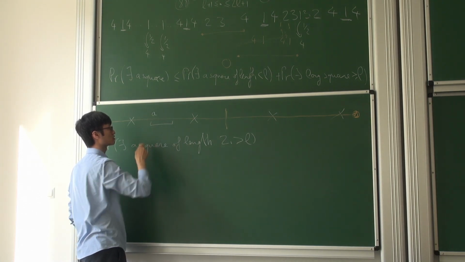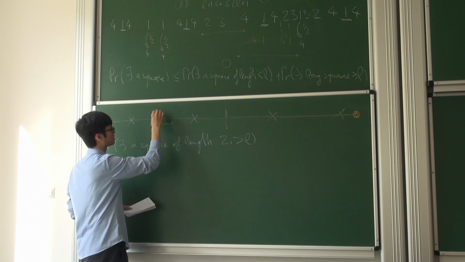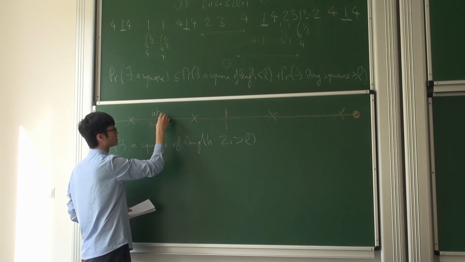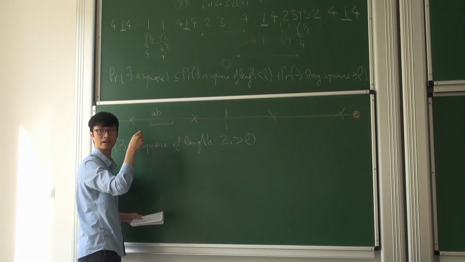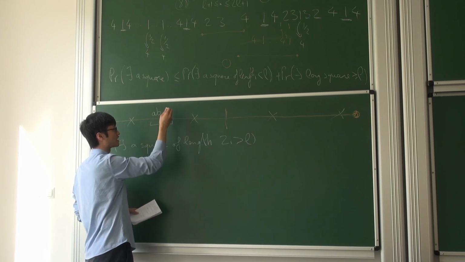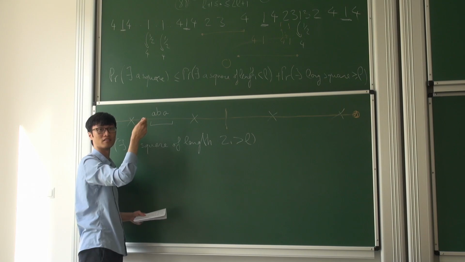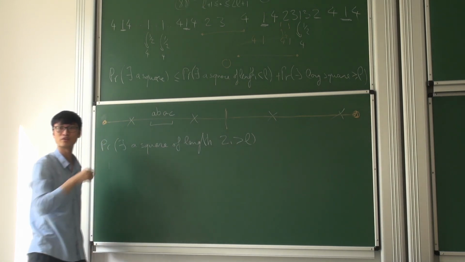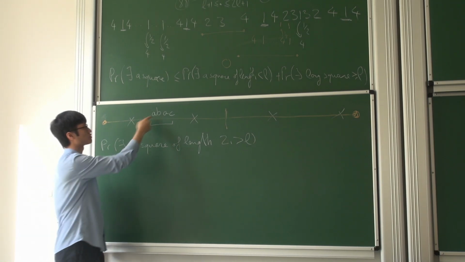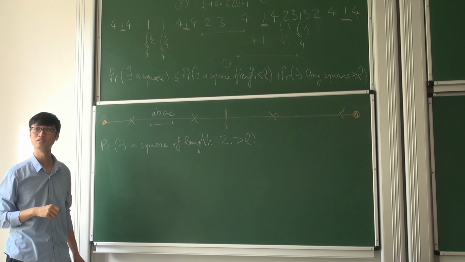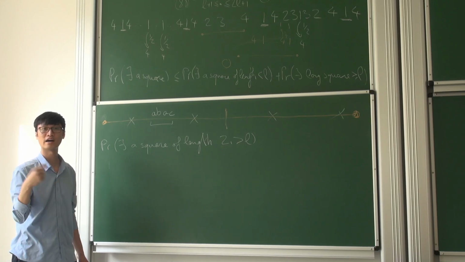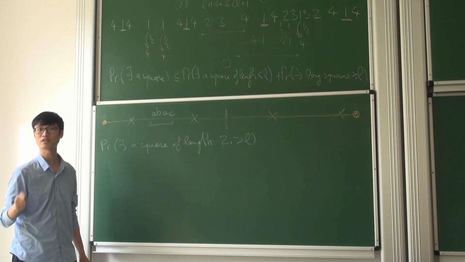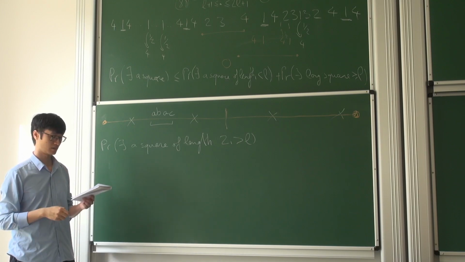Yes, because say I start with some A, right? I cannot repeat A, so there's some B here. If the third letter does not appear, then this must be an A again, but then I cannot have a B now. Yeah? So C must appear. So if I just take a block of 4 letters like this, then I know that one of these A, B, C must be a 1. And the 1 had a chance to be flipped to a 4. This is where my randomness is involved.